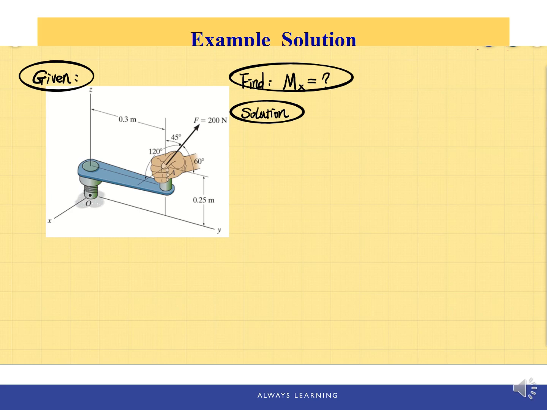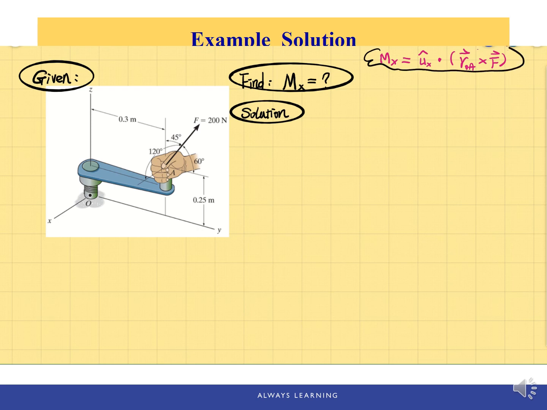You can put the approach or the major equation on top to remind you of the steps we need to take. So M of x overall should be equal to u hat of x, which is actually I hat, the unit vector along the x direction, dot the cross product of r, which will be r AO, cross the force F. Okay, so this is the formula we're going to use.